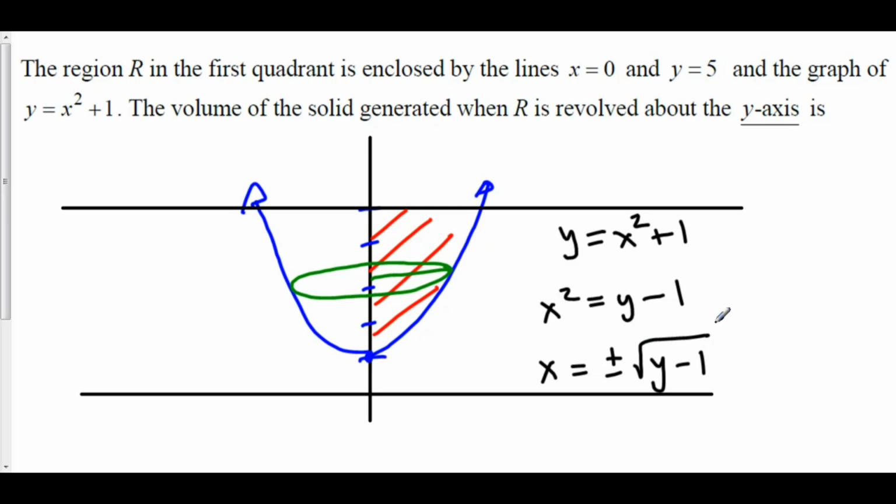The question is, is it the positive or the negative square root? Well, it doesn't fully matter. However, we are in the first quadrant, so that does mean that we're looking at the positive square root. So there we go. So our radius here is square root of y minus 1.